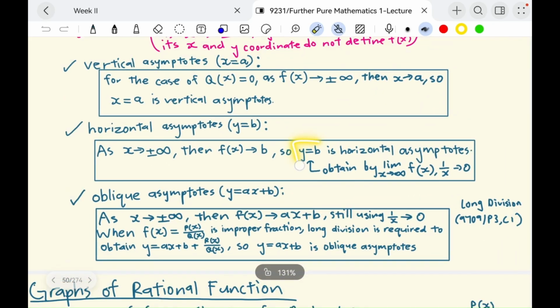To get the y equals to b, or the equation of the horizontal asymptote, you have to take the limit of f(x) as x goes to infinity by simplifying f(x) until the term 1 over x is seen. Then you substitute 1 over x equals to 0 to get the horizontal asymptote.